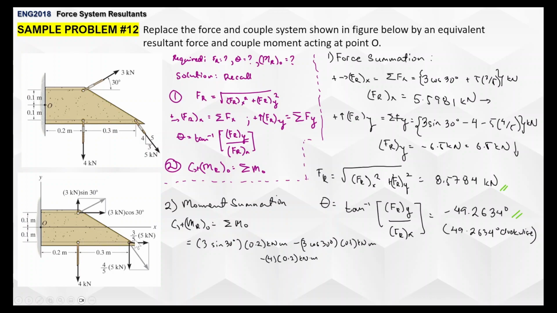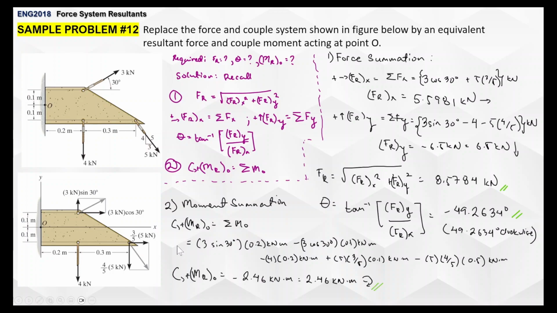And then finally, we have this 5 kilonewtons here. 5 kilonewtons times 3 over 5 is going to be counterclockwise, and the perpendicular distance is 0.1, so that's positive. And then 5 times 4 over 5 is going to be negative since it's clockwise, and the perpendicular distance is 0.3 plus 0.2, which is 0.5. There we go, and we evaluate this further.